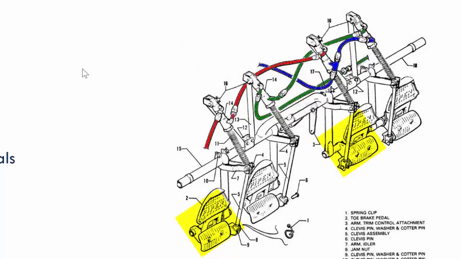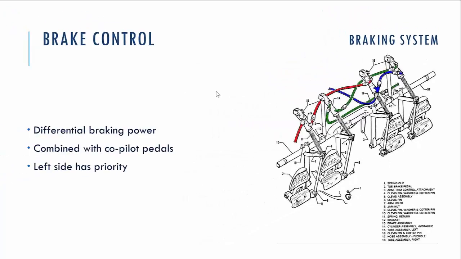The left pedal brakes the left side, and the right pedal, of course, creates braking action on the right side. So everything is simple. The pedal sets are connected to each other and create the same action on both sides, with just one exception: the left side has a kind of priority on braking, because the left side is intended for the pilot in command.